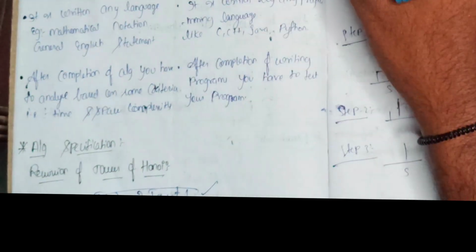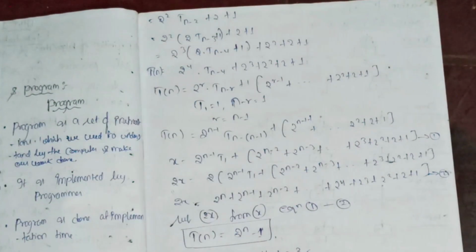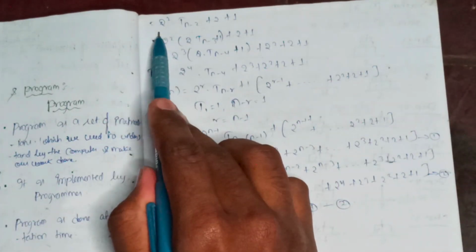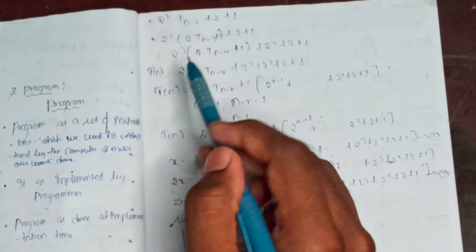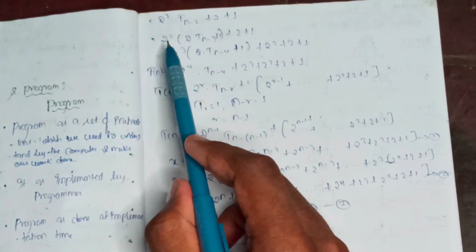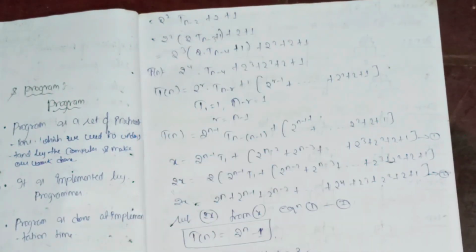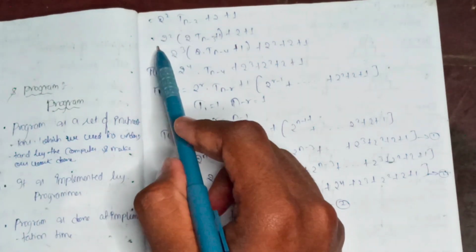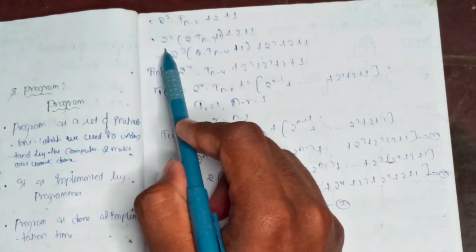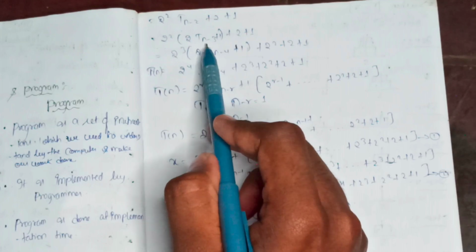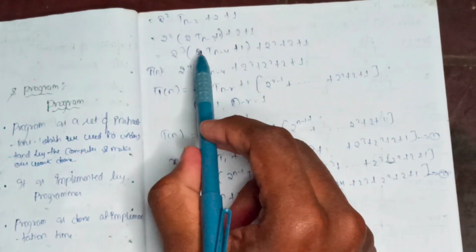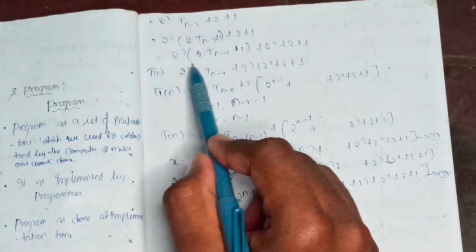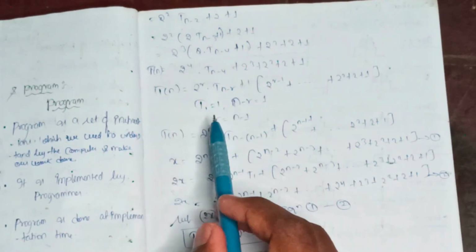Similarly, solving this, you get 2^2 T(n-2) + 2 + 1. Again multiplying with 2T(n-1), the same formula is repeated, right? Again we get 2^3 T(n-3) + 1 and the remaining value. So it will be multiplied like this.